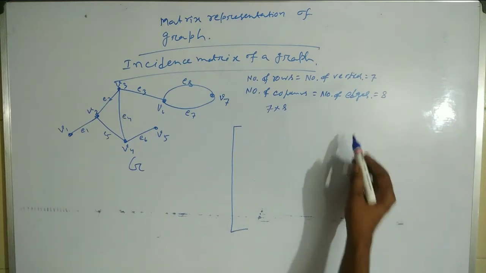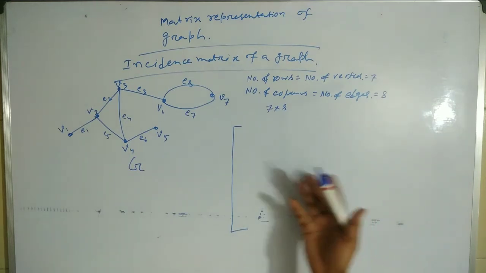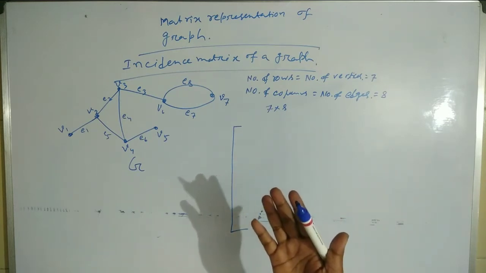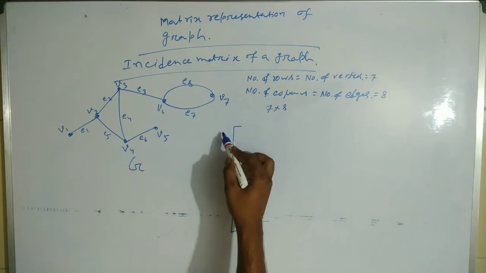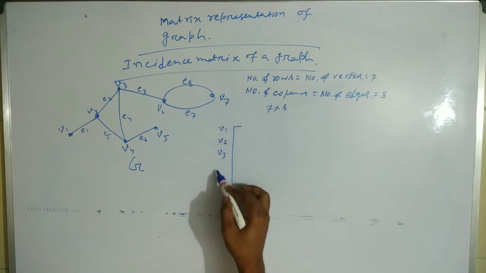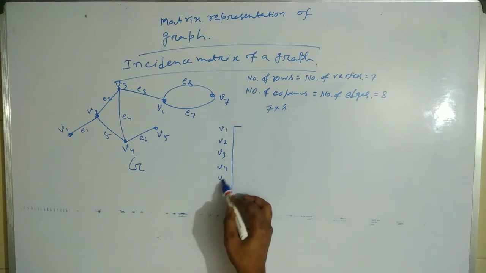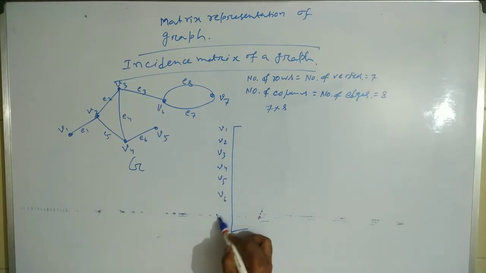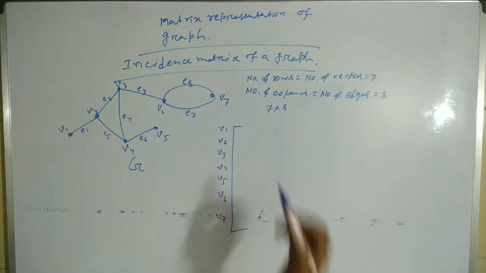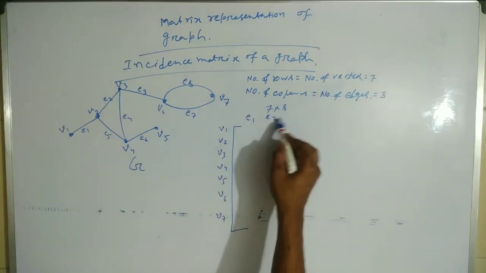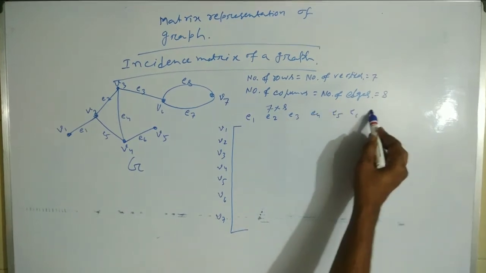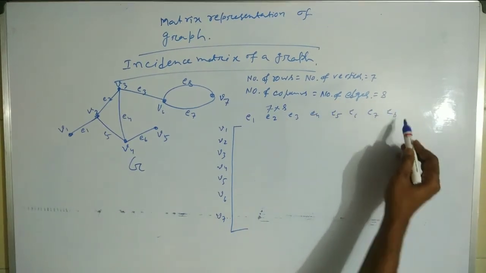Now I am writing this matrix. Since there are 7 rows, I am naming the rows V1, V2, V3, V4, V5, V6, V7, and the columns E1, E2, E3, E4, E5, E6, E7 and E8.